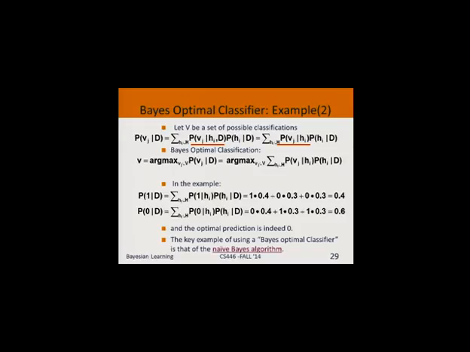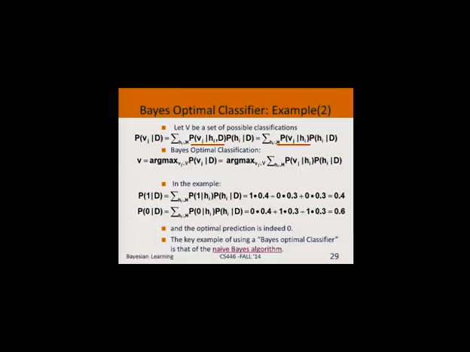I'm claiming that P of V given H and D is the same as P of V given H. The reason is that given that I know the hypothesis, the prediction is just evaluating this hypothesis. The data doesn't matter now. So V is independent of the data once I'm given H.